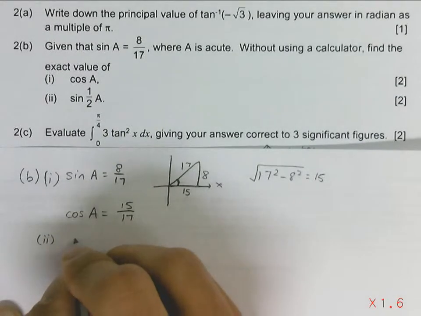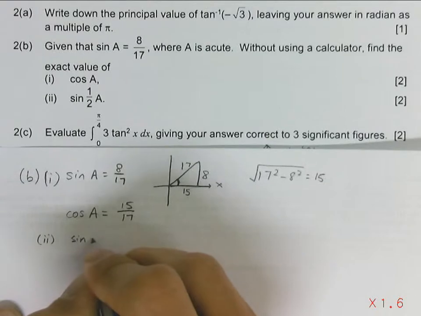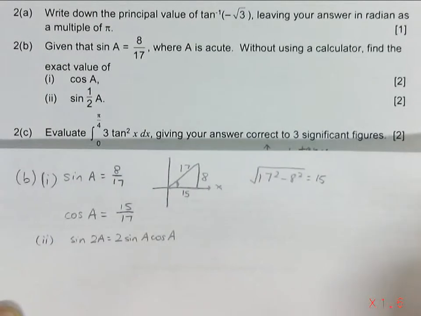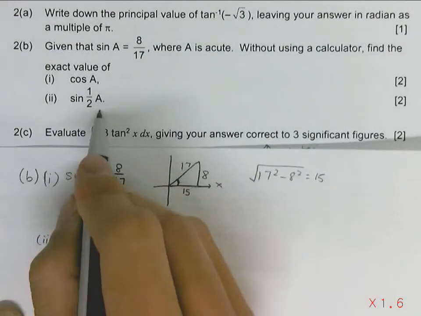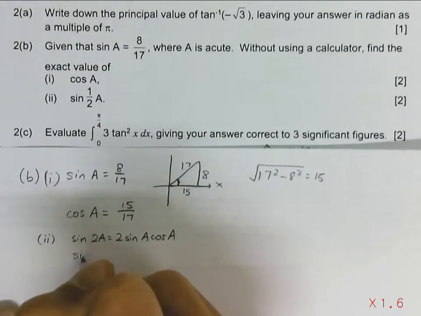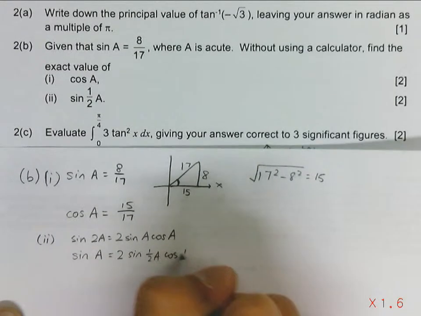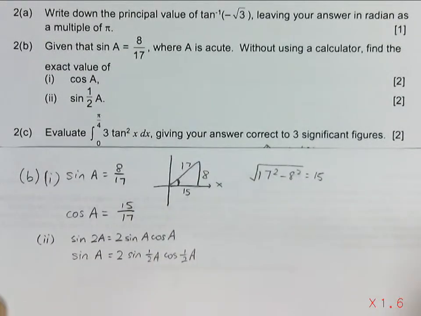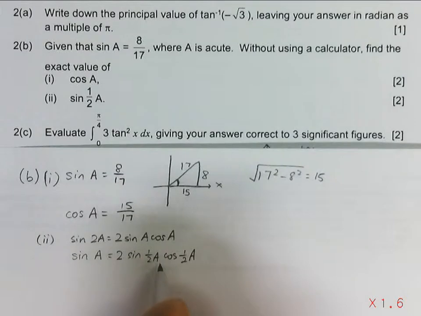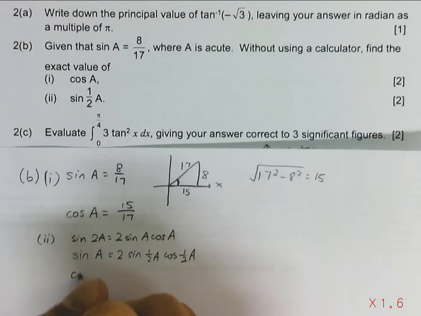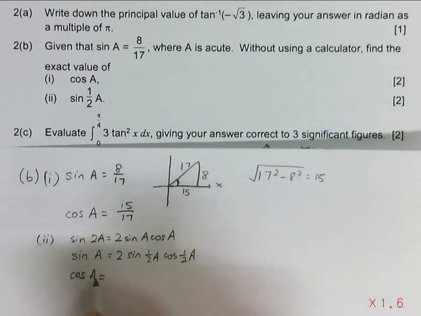Based on the formula sheet, sine 2A, we can make the angle half A by just taking a half factor: sine A equals 2 sine half A cos half A. Now we wouldn't use this because although this is what we want, we do not have cosine half A. So we will look at another one, which is cosine 2A, in similar form, changing the angle by a half factor.